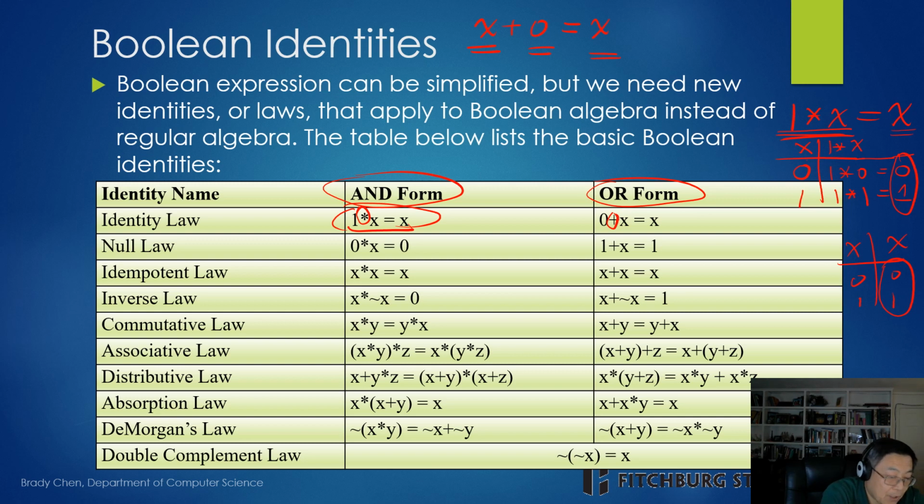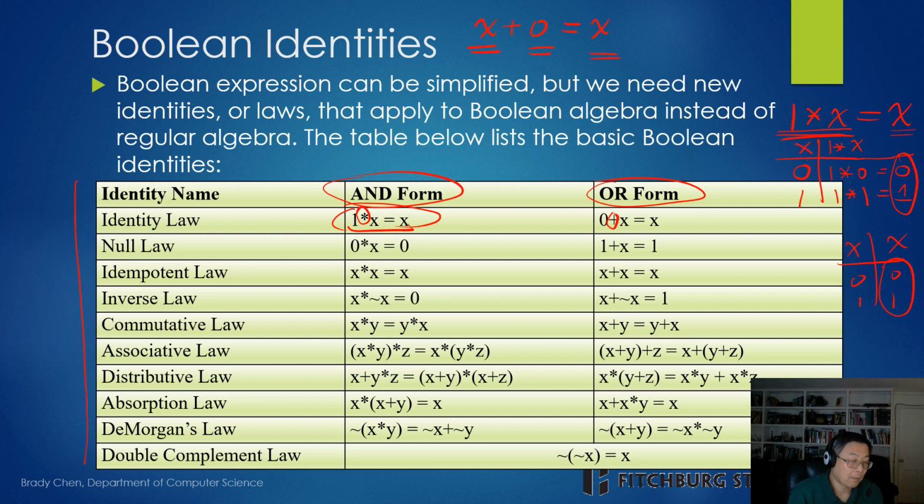Here I'm not going to spend much time proving it, but you can use these identities without even proving it. These identities are very useful when we try to simplify a Boolean expression.